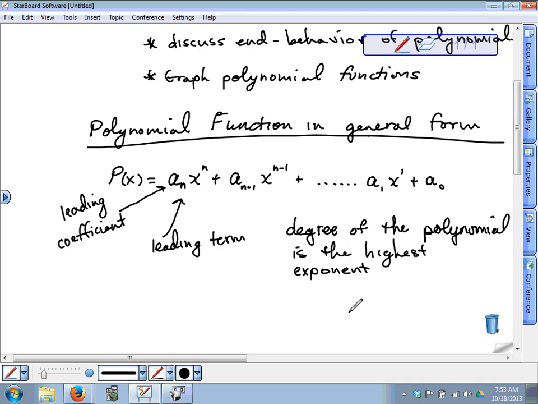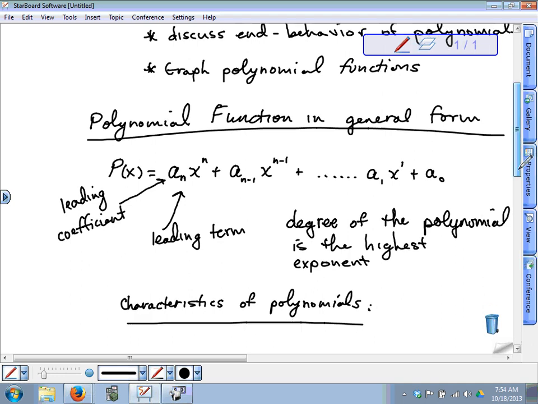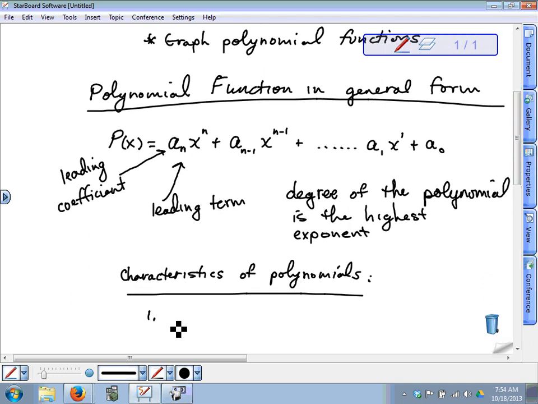Now, anything with a lot of terms doesn't necessarily mean it's a polynomial. There are certain characteristics. So just because an equation has a bunch of terms doesn't necessarily make it a polynomial.